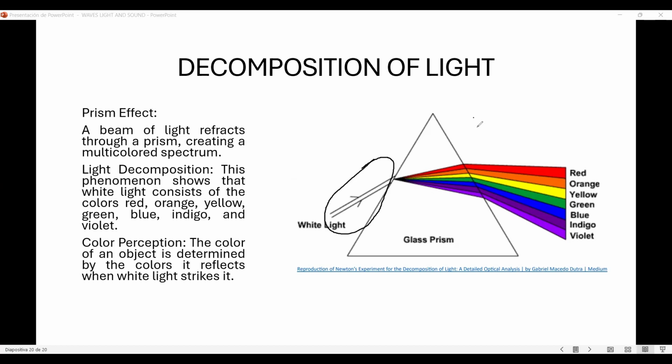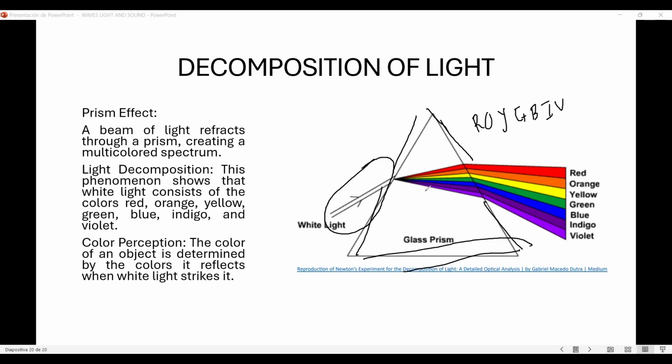There are the famous red, orange, green, blue, indigo, and violet. And how does it happen? When white light passes through a prism like this one, in an experiment performed and contributed by Sir Isaac Newton.